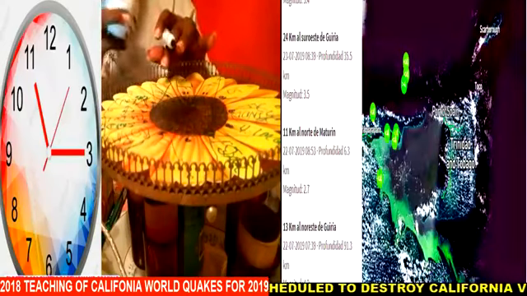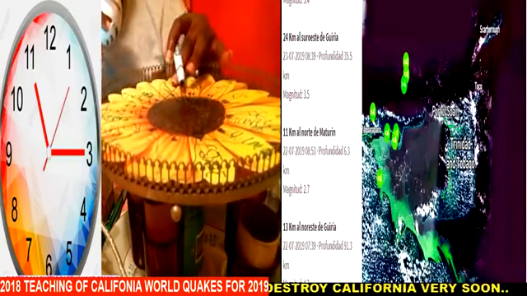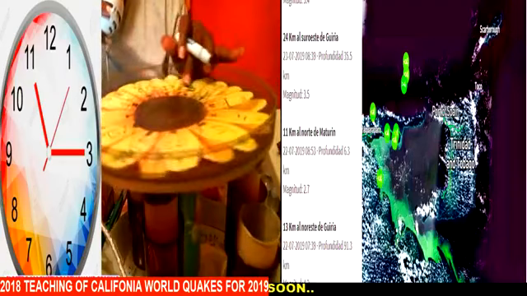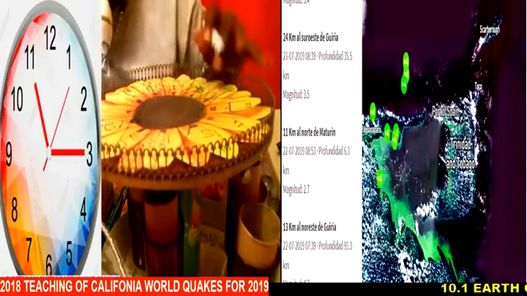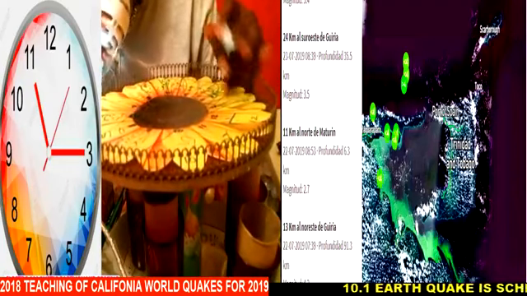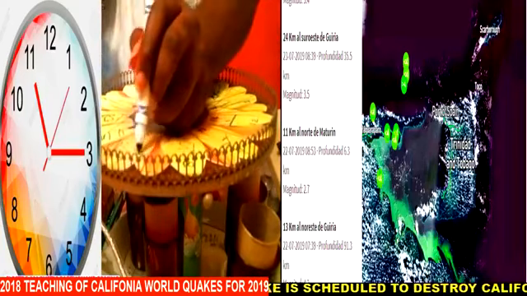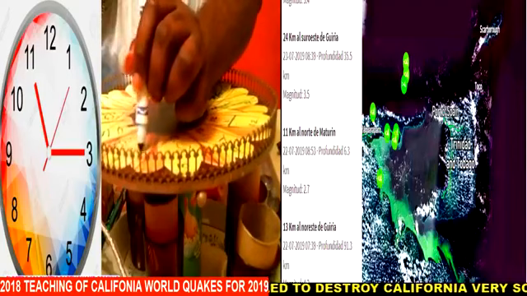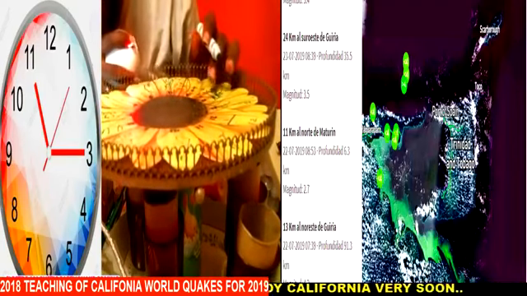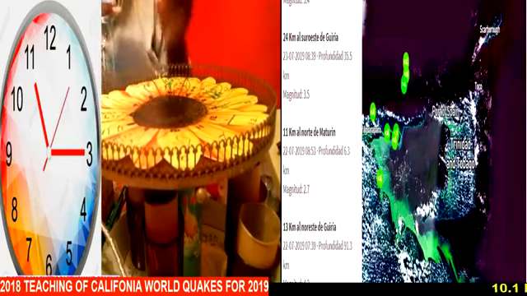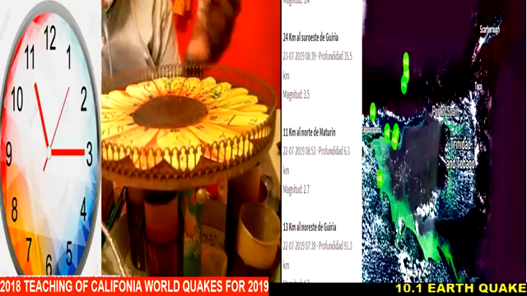Remember when the earthquake is going to happen next. All right, but when the 10.1 earthquake is going to happen, it's going to happen in Curacao. Where is Curacao? I think this is Curacao. Yeah, this is Curacao here. So Venezuela is actually the tribe.